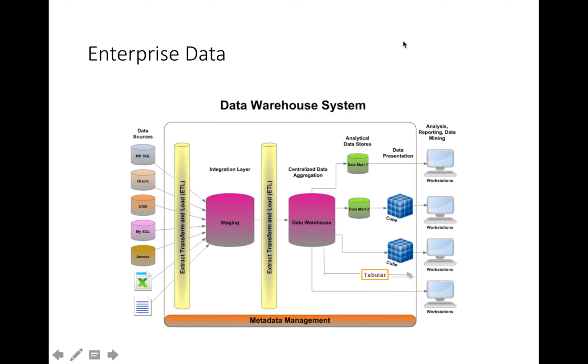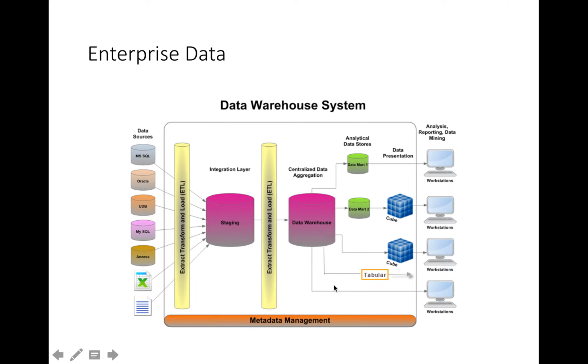Then we use ETL to cleanse and load the data into a centralized data warehouse. The data warehouse will have historical data. Ideally a data warehouse would have around 7 years' worth of data, but some places have 3 years' worth of data. It depends on the business.